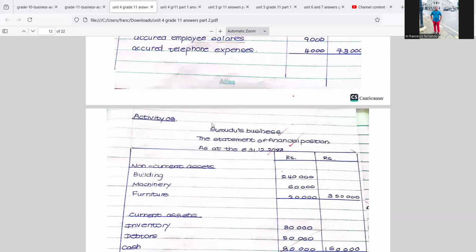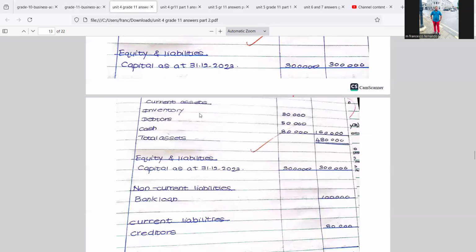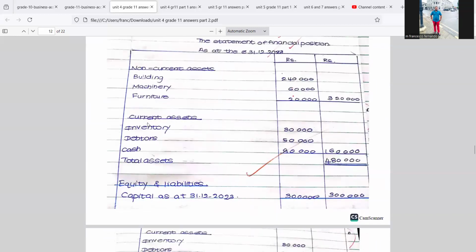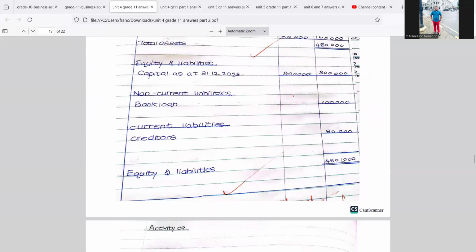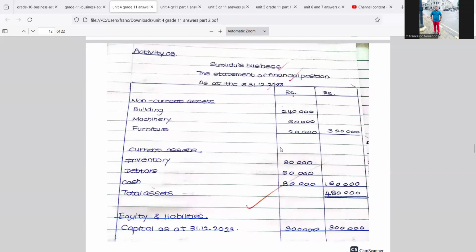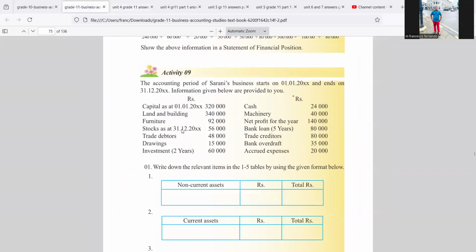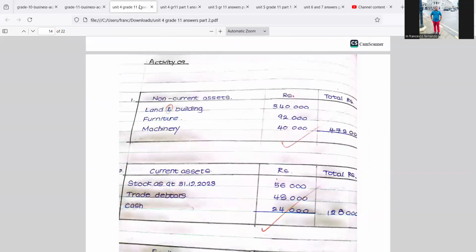Take the non-current assets, take the current assets, take the equity and liability, and then you can enter. First of all, draw the format, right? These headings, non-current asset, current asset, right? And then you can enter and you will end up with 480,000.